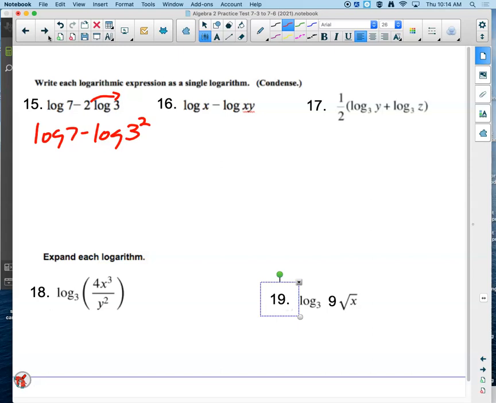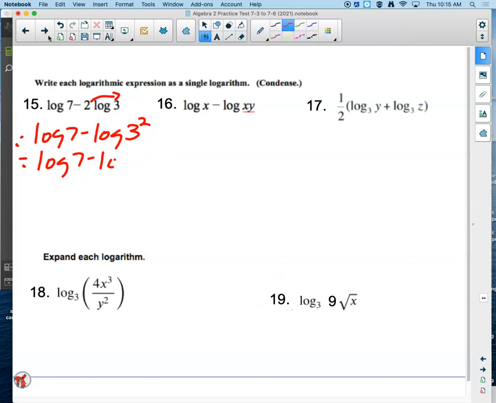And some of you might immediately say, oh, that's 9, and just skip that step. Not done yet, though, because it's not a single logarithm. What's left? Good. There it is.